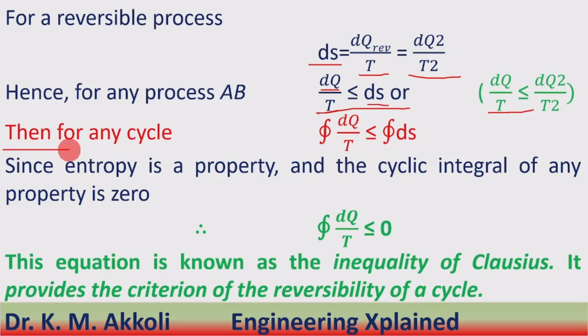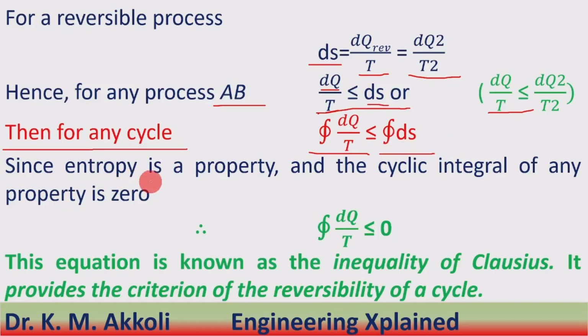This is for the particular process AB we have taken, and the other processes are there. The AB process is reversible or irreversible. Then for the whole cycle ABCD, if we apply this, we can take the cyclic integral of dq by T is less than or equal to the cyclic integral of ds, the change in entropy.